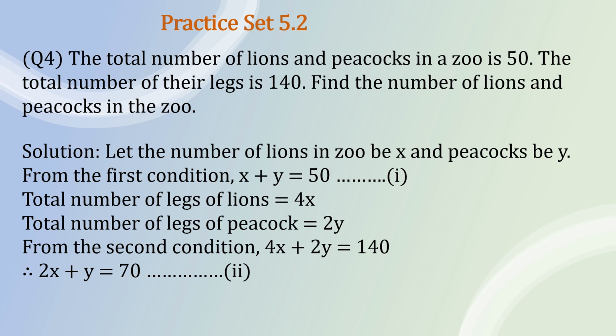Now students, x plus y equal to 50 and the second equation is 2x plus y equal to 70. Can you see the variable y has the same coefficient? Both have the same sign, that is the plus sign. So here we have to use the operation subtraction: subtracting equation 1 from equation 2.